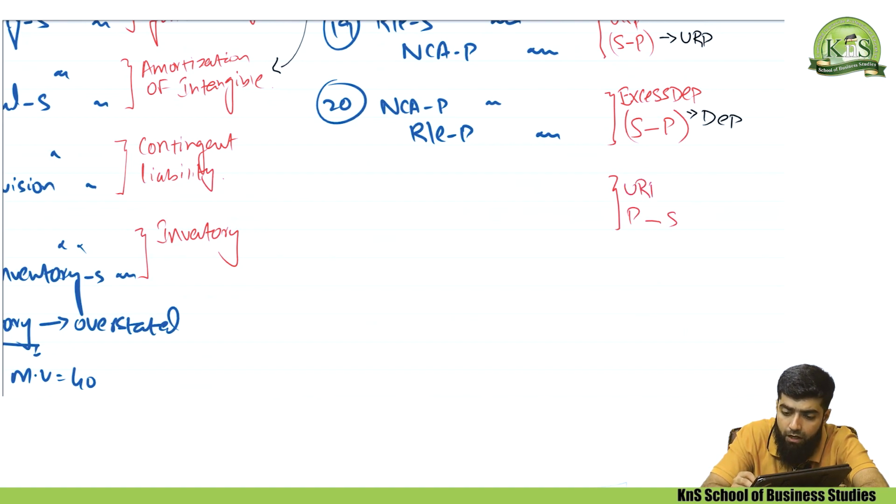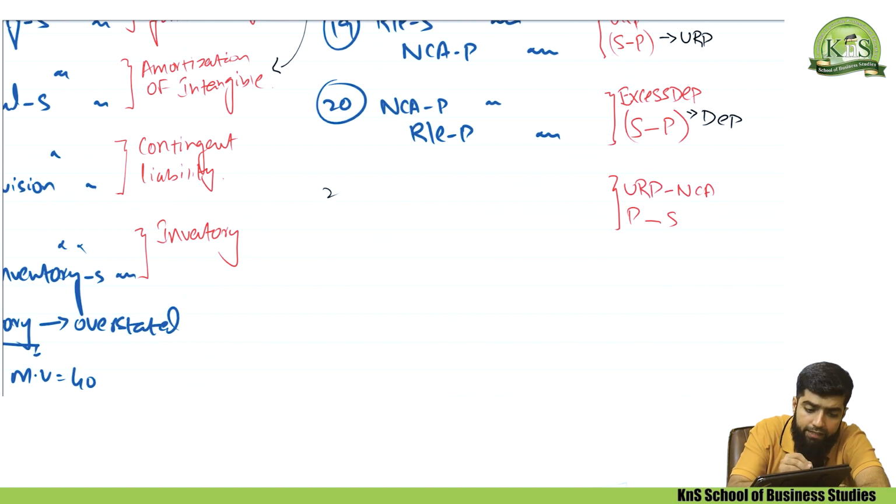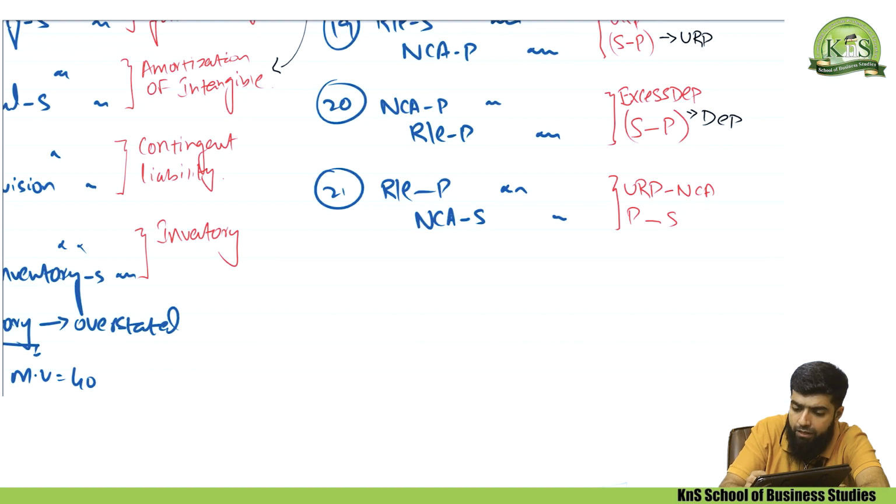It means now the unrealized profit on the transfer of the non-current asset will be eliminated. How is this going to be eliminated? Now the retained earning of P company will be debited and the non-current asset of S company will be credited.